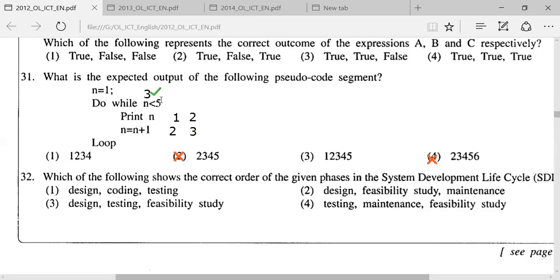So 3 less than 5, true. Print n, 3. n equal n plus 1, 3 plus 1, which is 4. It will go back here. 4 less than 5, true. Print n, 4.